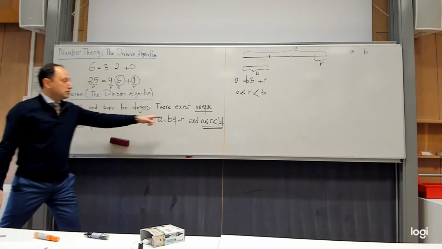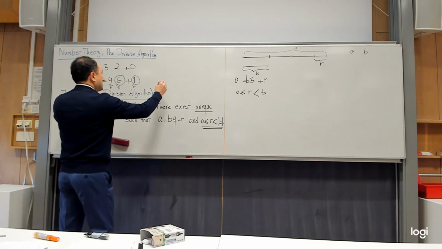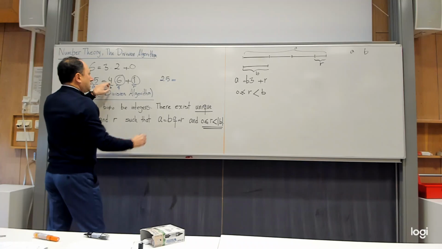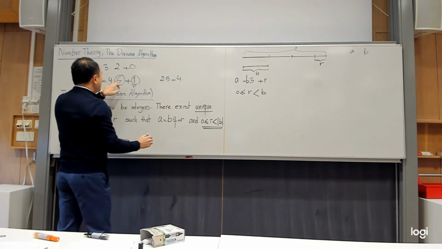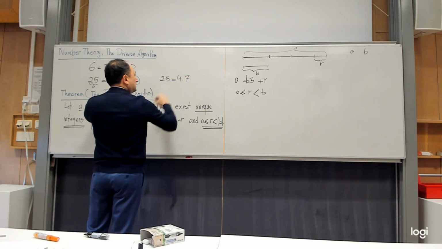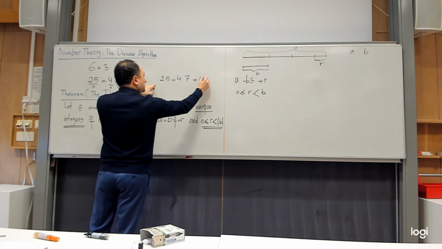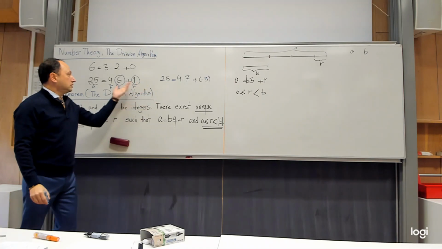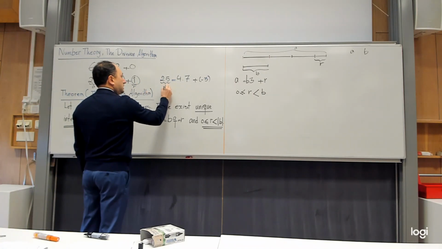But if you do not respect that, I can write 25 equals, instead of 4, 6, let me write 7. And instead of that, I can write minus 3. Of course, I can give the role of A to this.